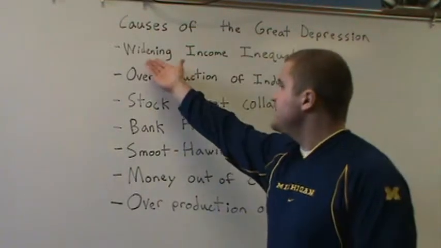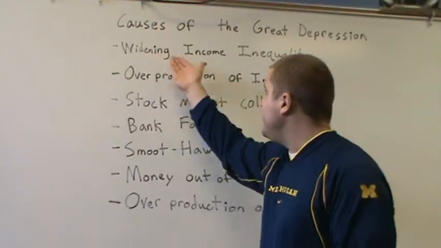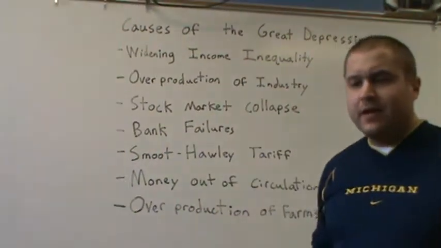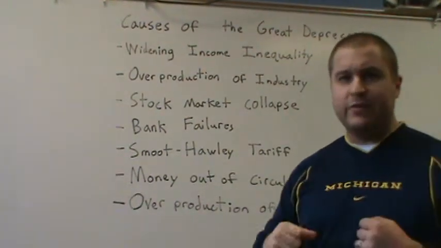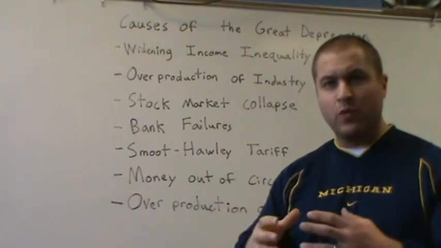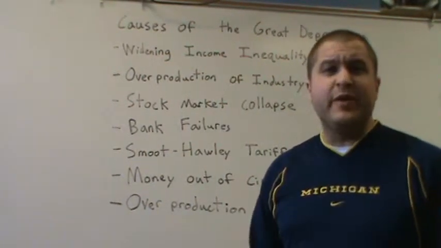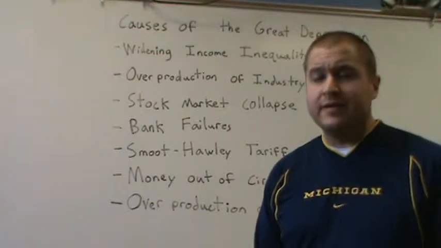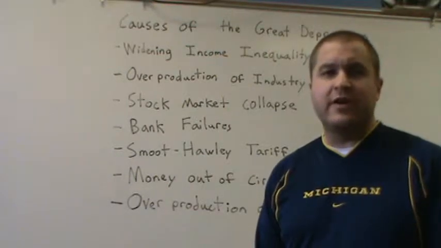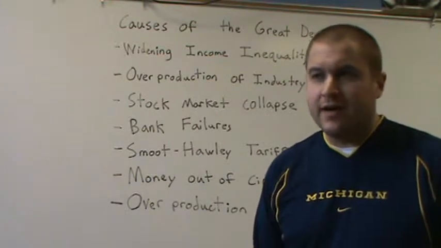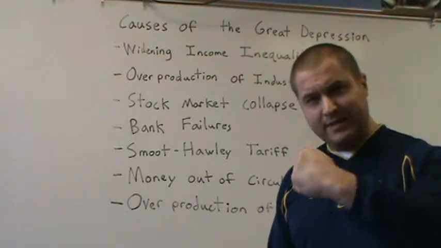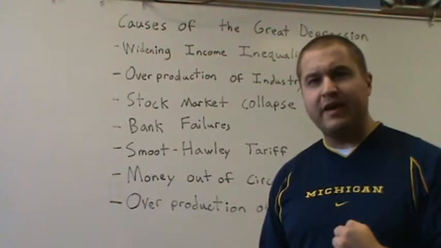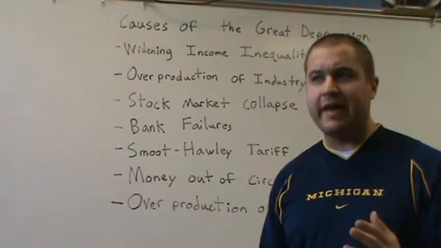One thing is some people say there's a widening income inequality. During this time, the rich have more and more wealth. That's something Huey Long talked about when he talks about share our wealth, every man a king. That's one of the reasons why he wants to limit the amount of money you can make in a year and limit the amount of total wealth you can have.